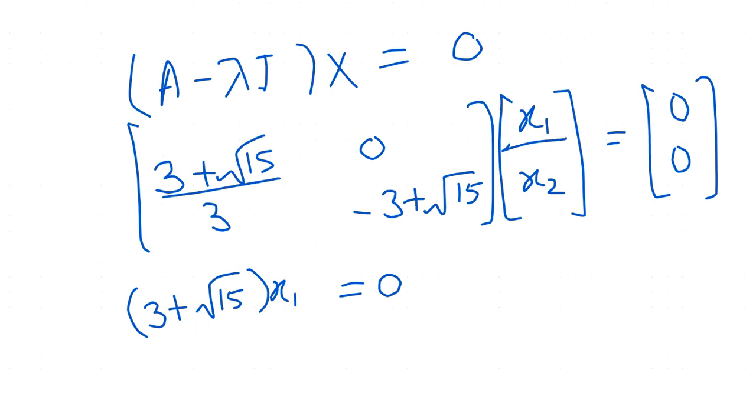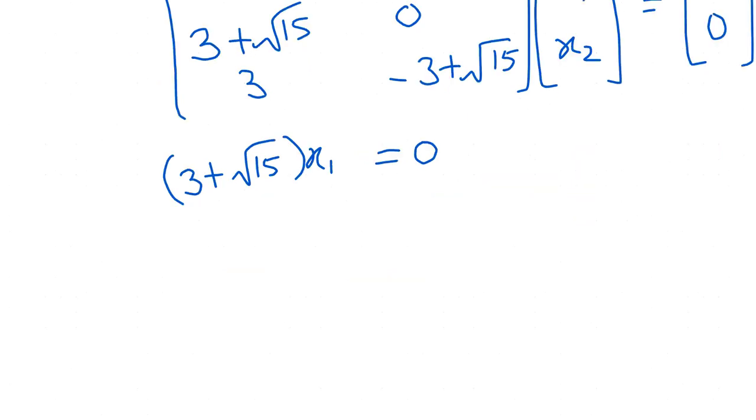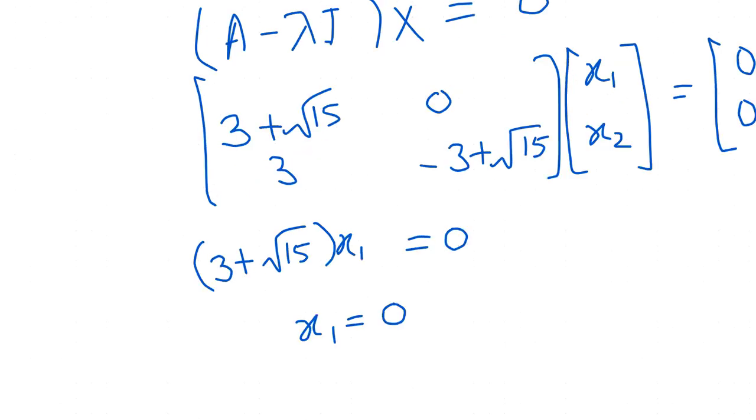So the second is 0. That is why this is equal to 0. So then x1 is equal to 0, because we take this on the right side and divide. Now multiply the second row with the column.